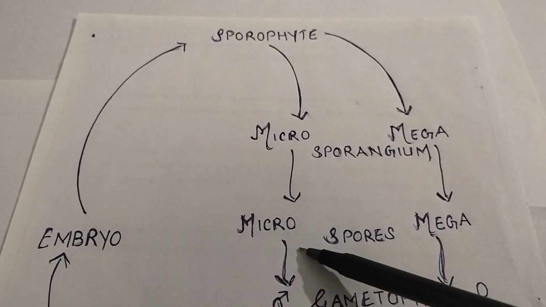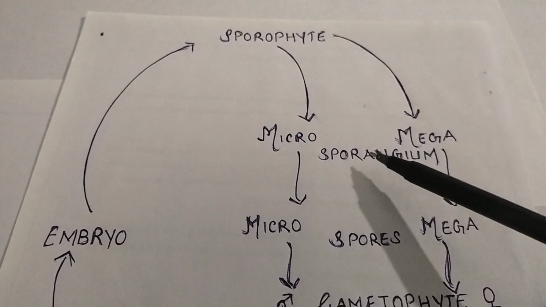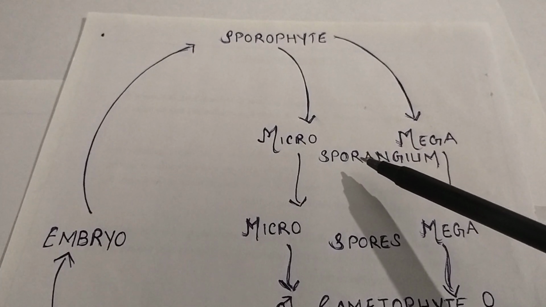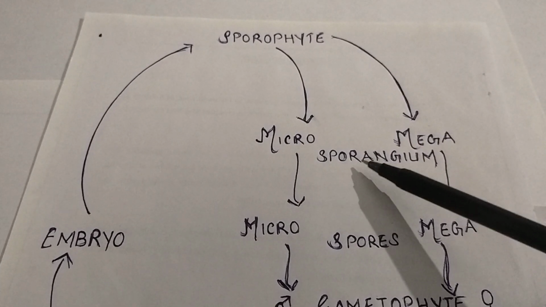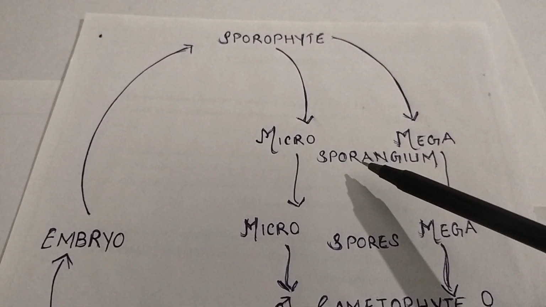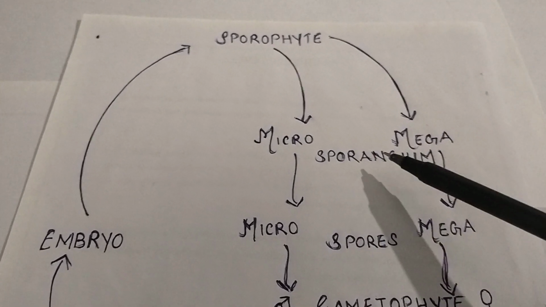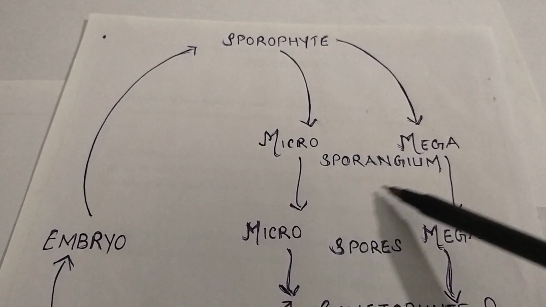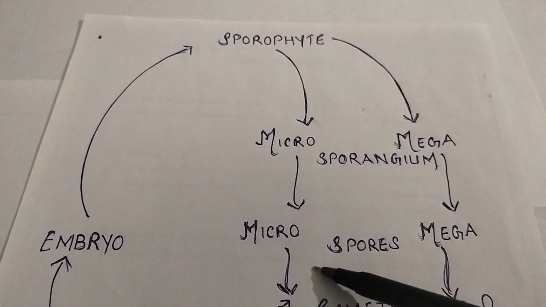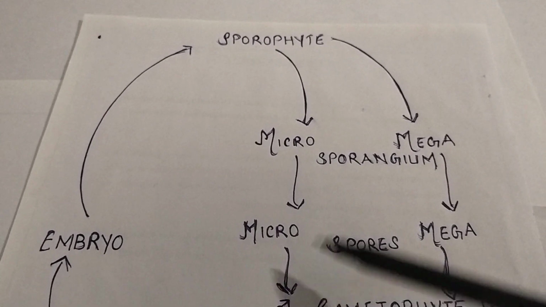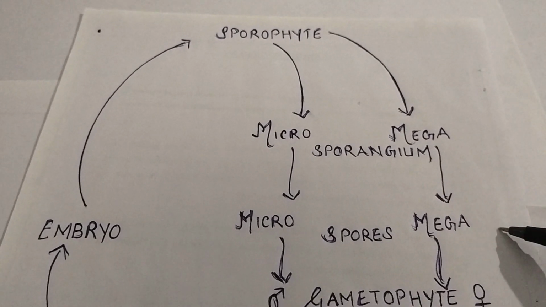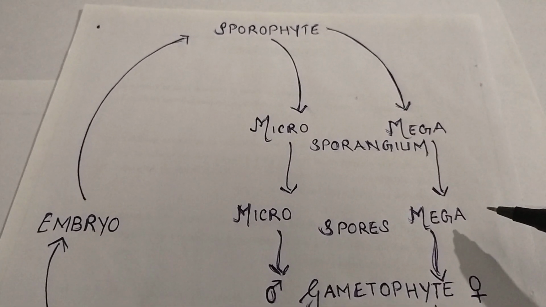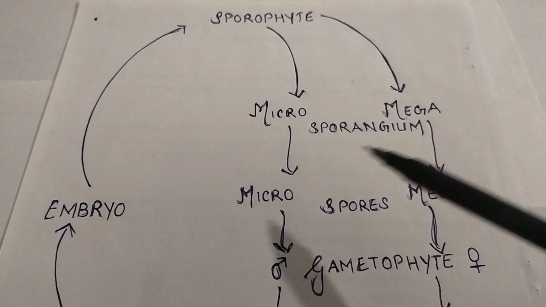Just now we discussed, no need to revise, that they are formed on microsporophylls and megasporophylls, which form the cones or strobili. Now the microsporangium will produce microspores, that is male spores, and the megasporangium will produce megaspores, that is female spores.